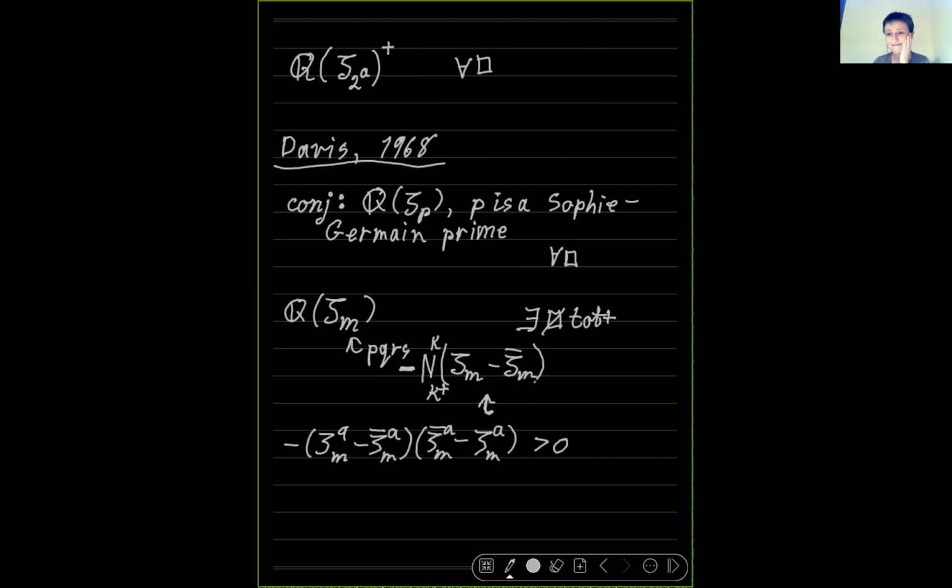So these exist in the composite cyclotomic fields. The real surprise that Davis was able to show was that in very, very few of the prime cyclotomic fields, these still exist. Oh, we had a question, which I was thinking I should ask anyways.